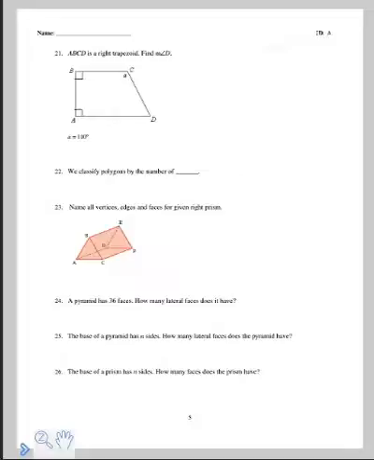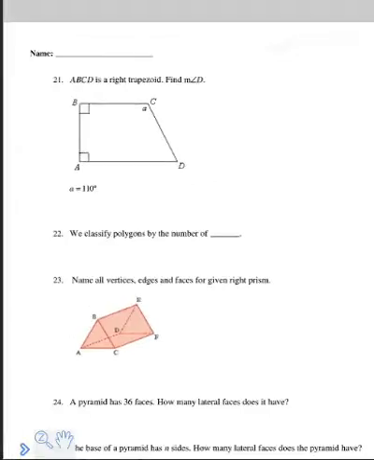Okay, question 21. ABCD is a right trapezoid. First of all, a trapezoid is a quadrilateral, so the measure of all 4 angles is 360 degrees. It's telling us that this is 110 degrees. These are 90. So 110 plus 90 is 200, plus another 90 here for measure of angle A is 290.